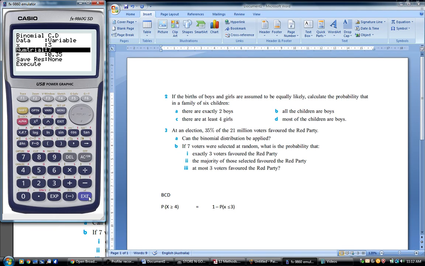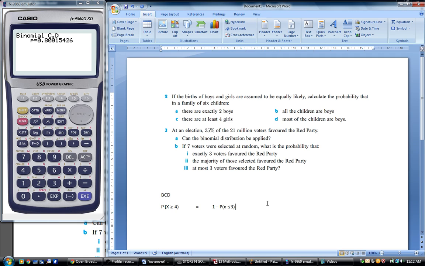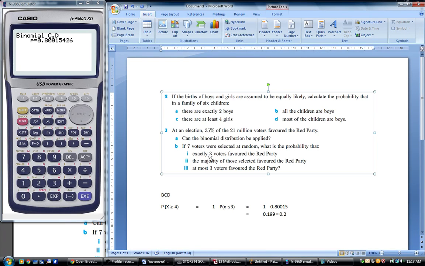If we calculate that, we get 1 take away 0.80015, which you could write as basically 0.199 or 0.2, which is what we calculated before for this one.